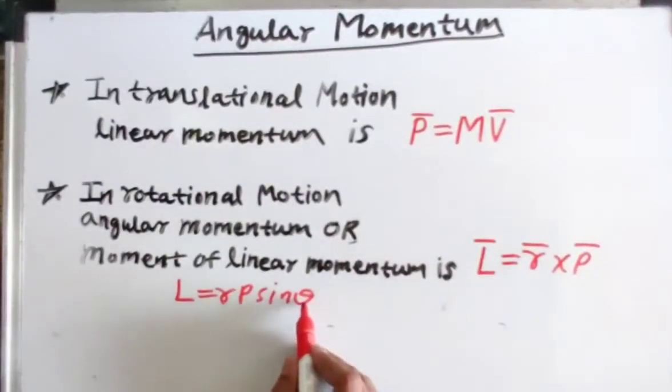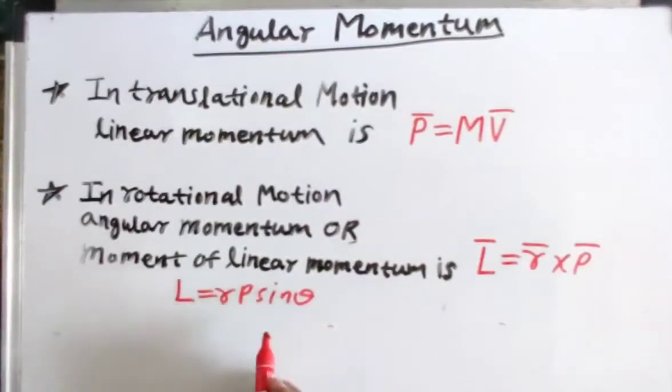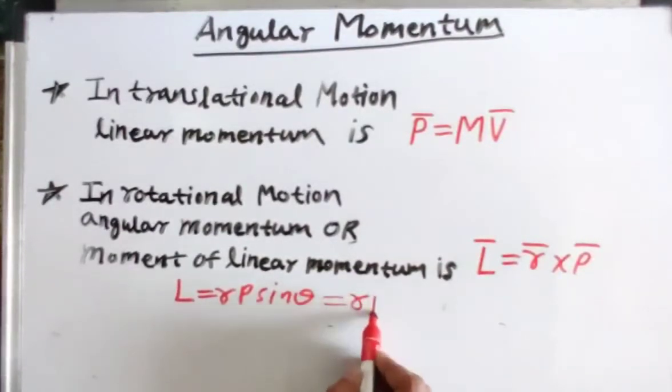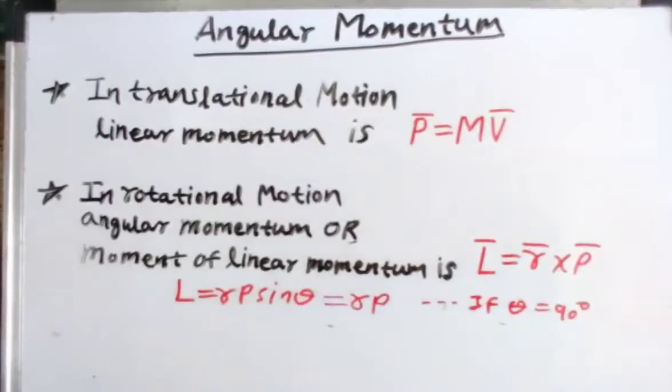If θ is 90 degrees, then this is nothing but r into p, because sin 90 is 1. But we know that p, the linear momentum, is the product of mass and velocity. Therefore we can write L = m v r.